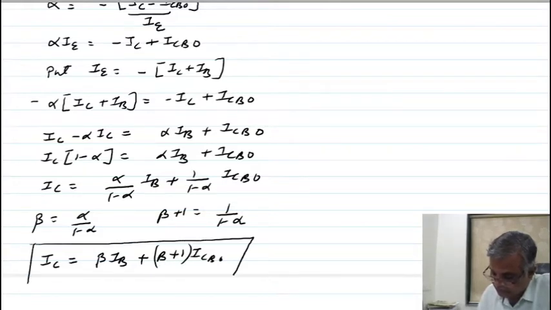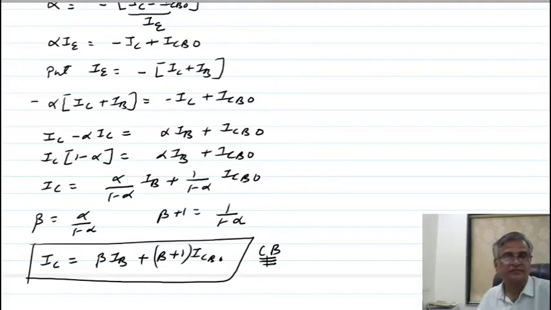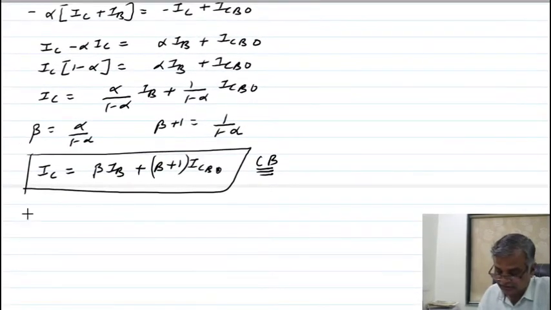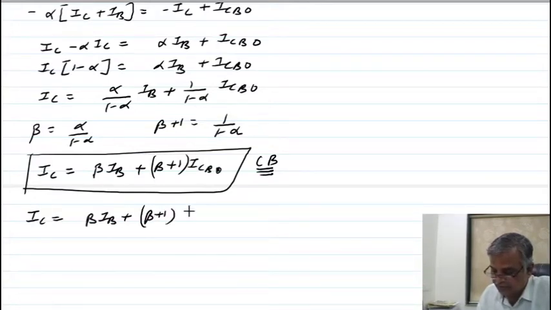This is the equation of the collector current for common base configuration. In some books it may be written like this: IC is beta IB plus (beta plus 1) ICO, also written as ICO.